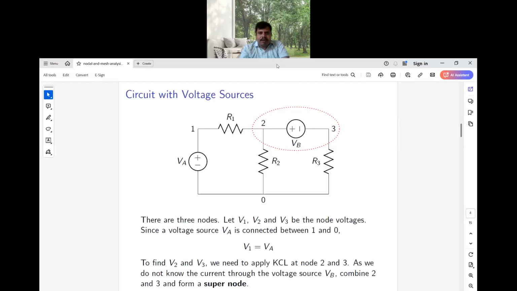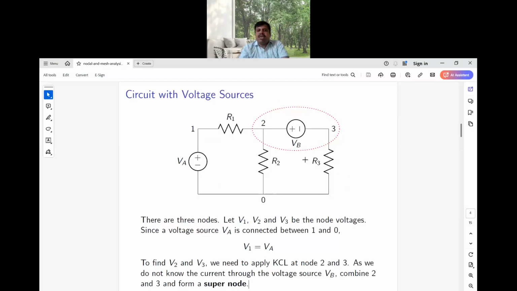See, I will annotate. V2 minus V1 divided by R1 current will be like this. And V2 divided by R2 will be like this. At the same time, you need to take the current flowing through junction 3 also. V3 divided by R3 will become the current in this fashion.